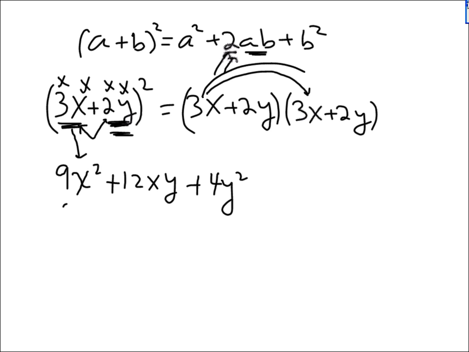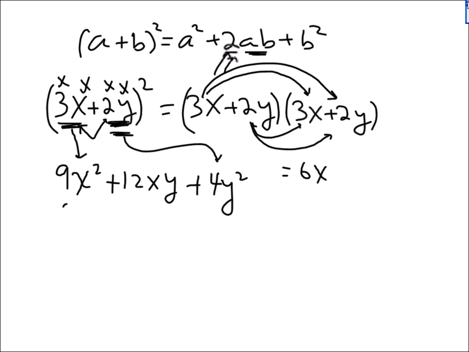Well, there it is, 3x times 2y. And why are you doubling it? Because you're going to get it again, 2y times 3x. And then the last thing is, you're going to ask yourself what 2y times 2y was. But that's exactly what I asked. What's 2y squared?